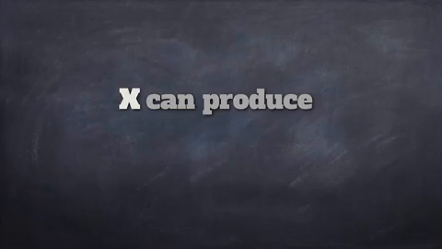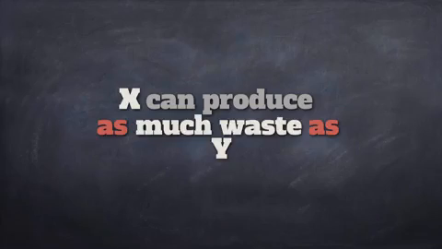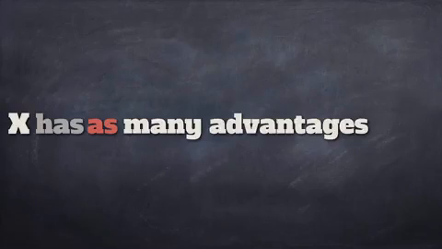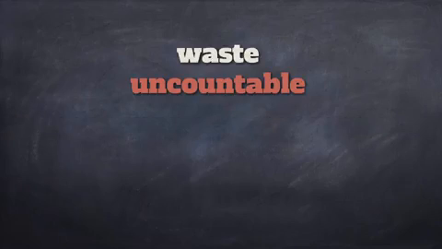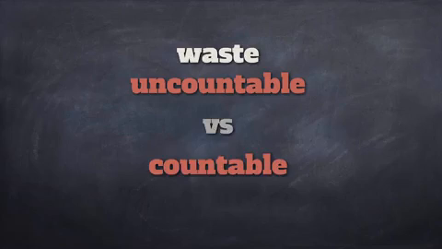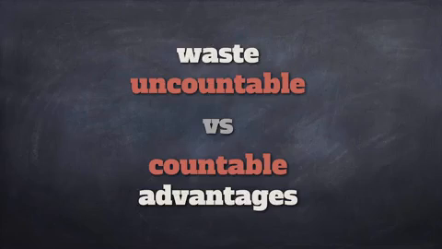X can produce as much waste as Y. X has as many advantages as Y. In the first example, the word waste is uncountable, so we add much between the first adverb and the noun. In the second example, we add many because advantage is a countable noun. In fact, we use its plural form.